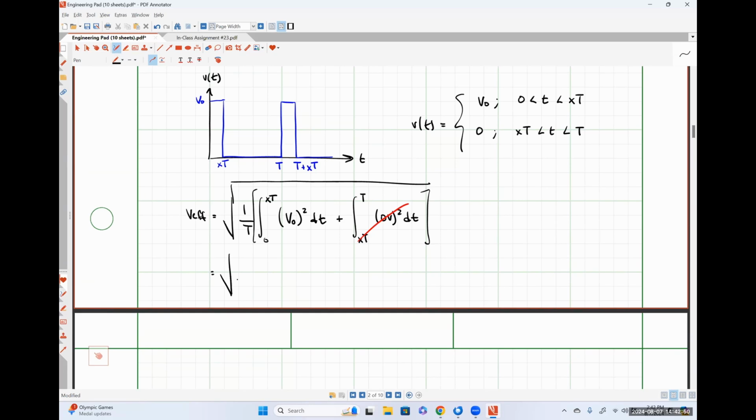So that's giving us the square root of 1 over capital T. I'm going to pull out that constant factor of V naught squared. And so we're just integrating dt over the limits from xT to 0. So our effective value is then simply V naught times the square root of x.